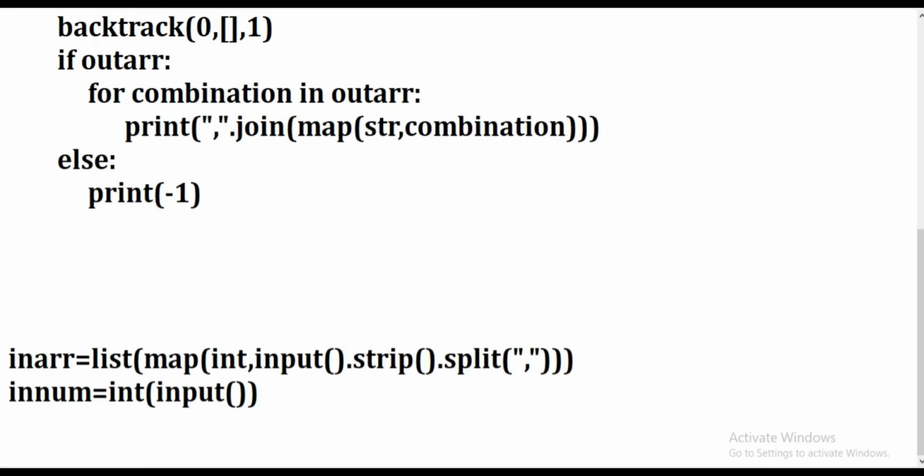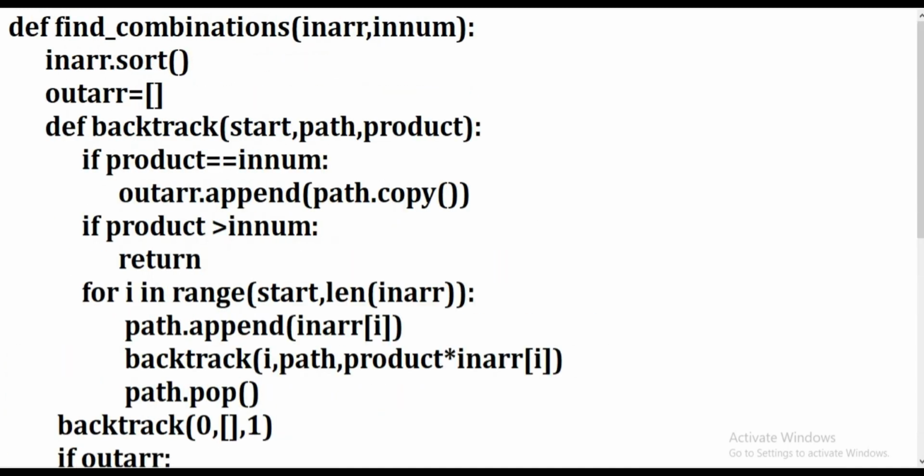After taking the inputs, we call the find combinations function: find combinations of input array, comma, input number. This is our final code which solves the problem.